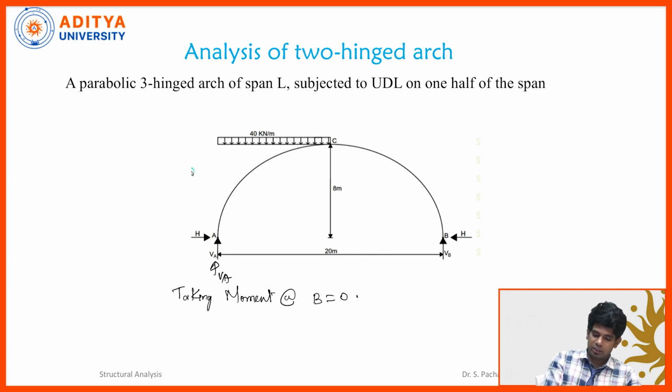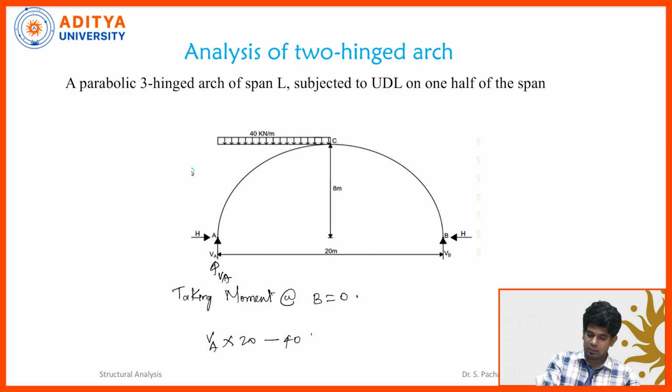The vertical force VA multiplied by the horizontal distance, which is 20. Then the force W is acting in the downward direction. The load is 40 kilonewton per meter.